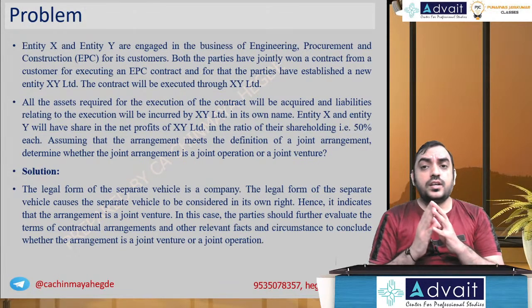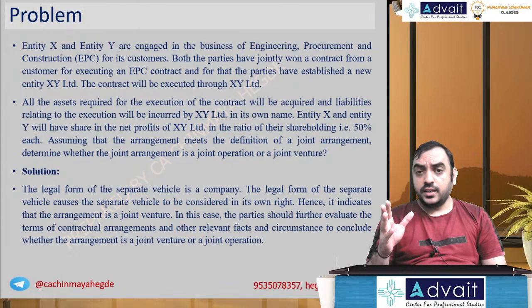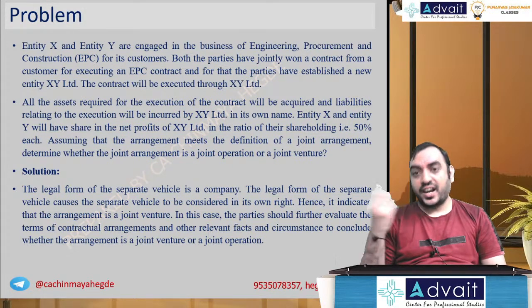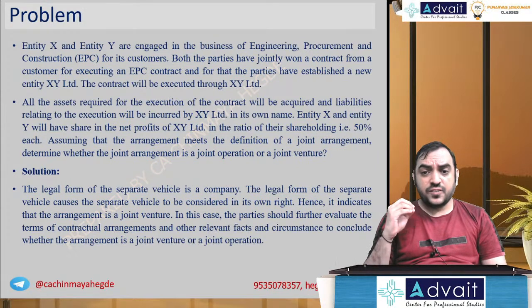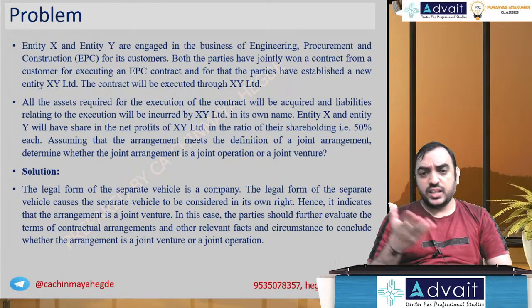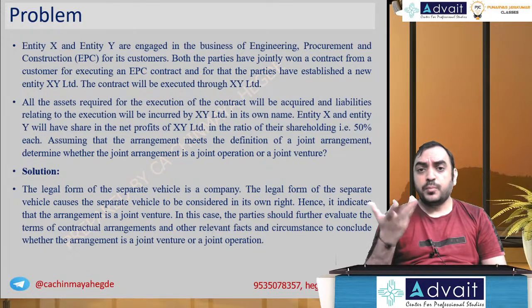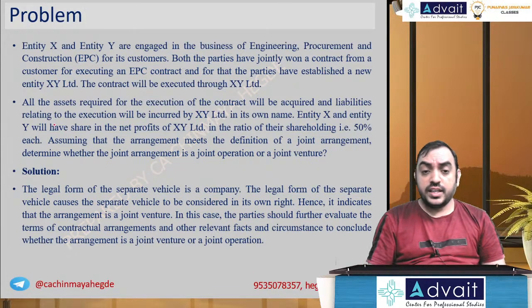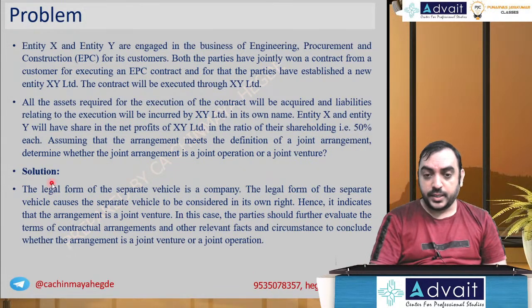Now, when there is a separate vehicle, you have to look at more details of it, more facts of the case. Here they have not given the facts; they say that XY Limited will act in its own name, but regarding the ownership and the more contractual terms, they are not given. Legal form is a separate company.